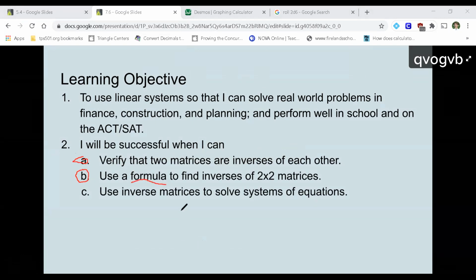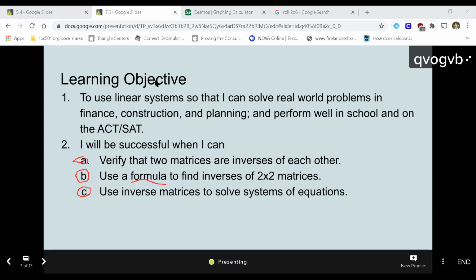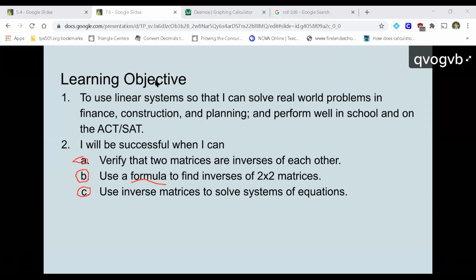You can find matrix inverses by calculator, but when it's just a 2 by 2, it's probably easier to do it with the formula. And then the third might be the easiest thing of all because it's just using a calculator. I'll show you what you need to type into your calculator, and once you see that, you'll be able to solve a system of 3 equations with 3 variables in less than a minute.